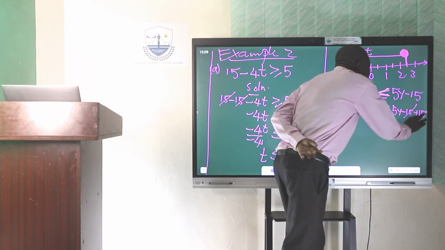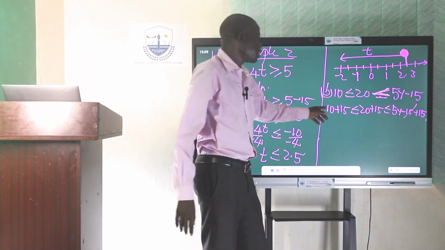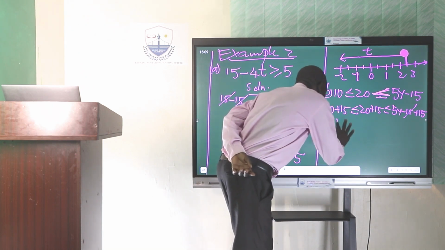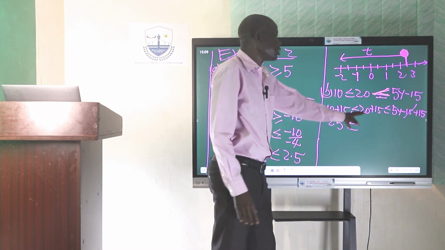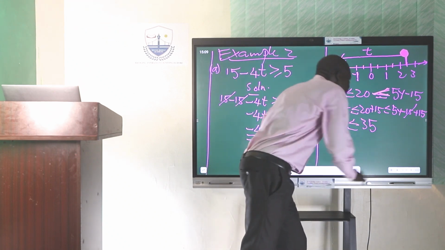The 15 will cancel. When they cancel, we shall be left with 10 plus 15, we get 25, is less or equal to 20 plus 15, we get 35.